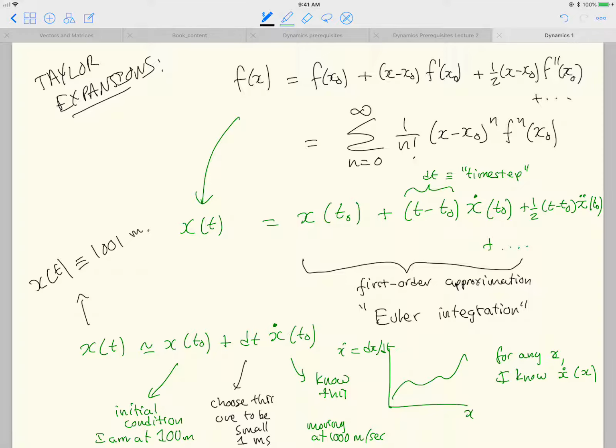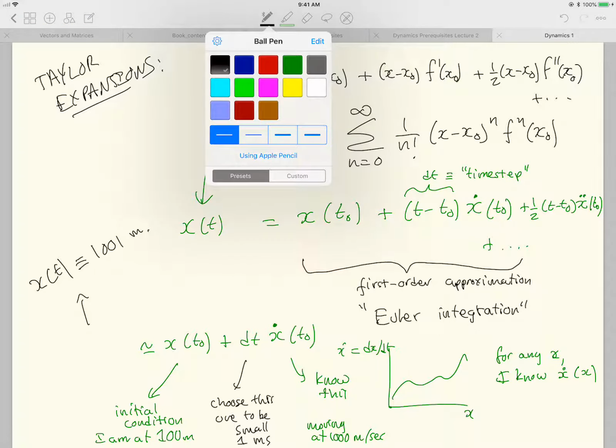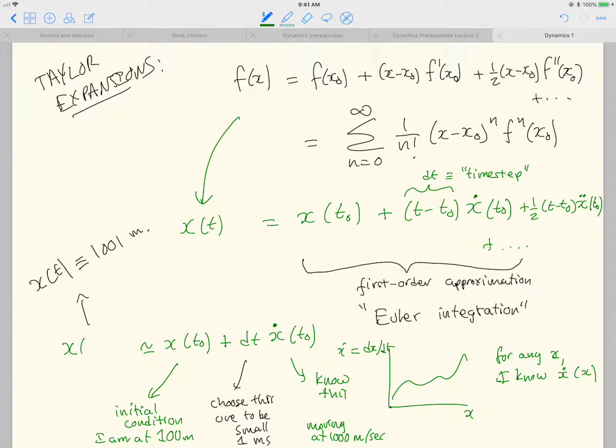Okay. And I'm going to rewrite t not as t like that, but I'm going to rewrite it as t naught plus dt to make it explicit that we started at t naught, we start at some point, and then we're making a guess 1 time step later. And let me rewrite this one as well to make that explicit: x of t naught plus dt.